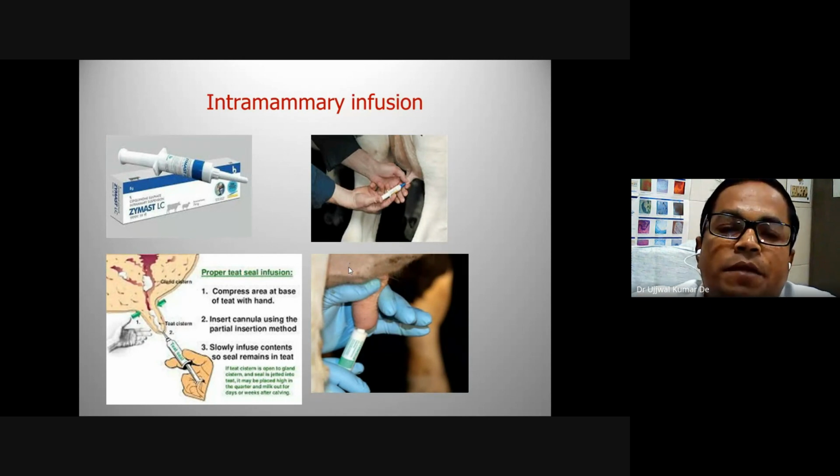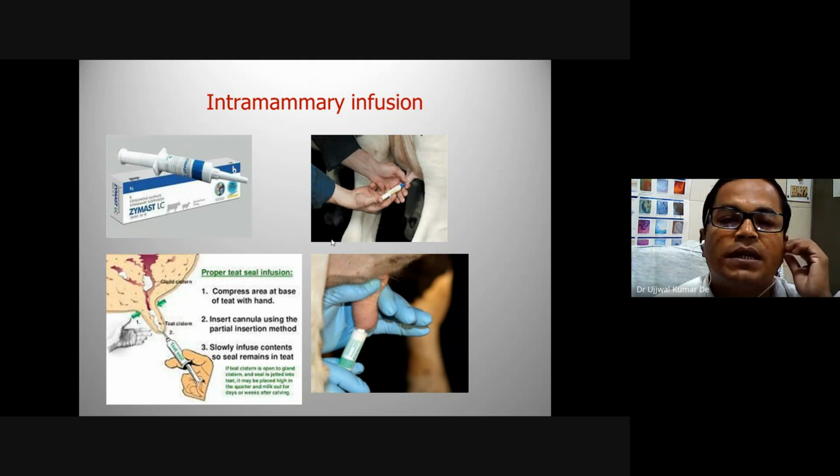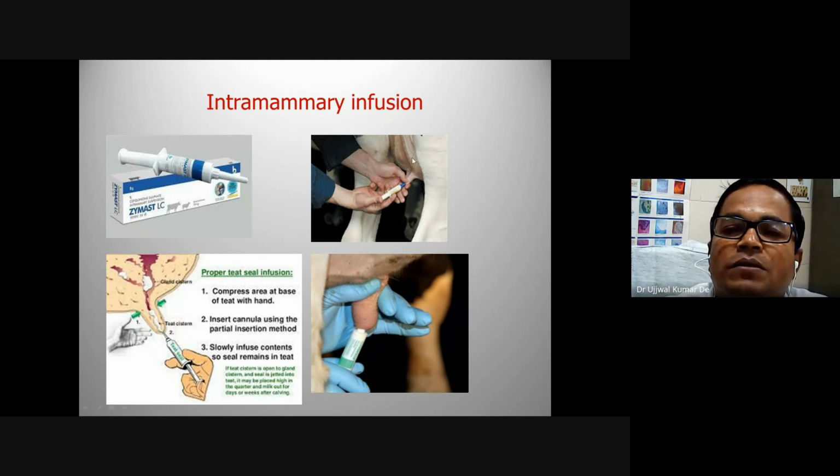Then intramammary infusion. What is the intramammary infusion procedure? Before the infusion, the udder has to be evacuated.